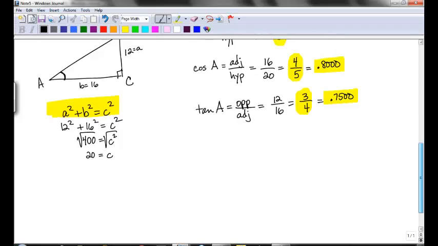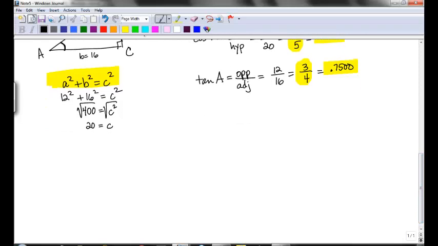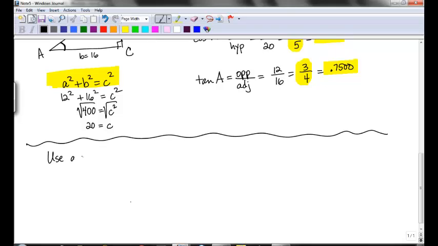Now we're going to go through on the calculator, because the author's going to give you different values, and they will say use a calculator to find each value to the nearest 10,000.